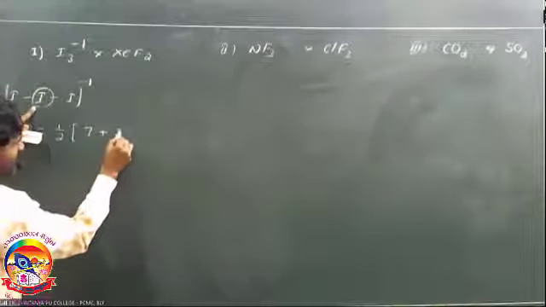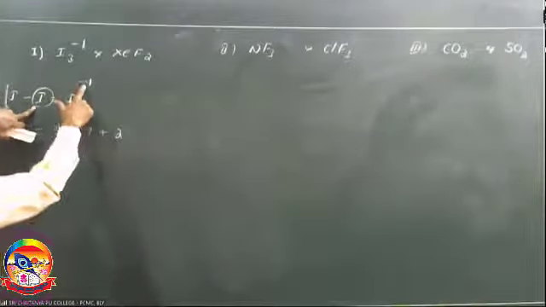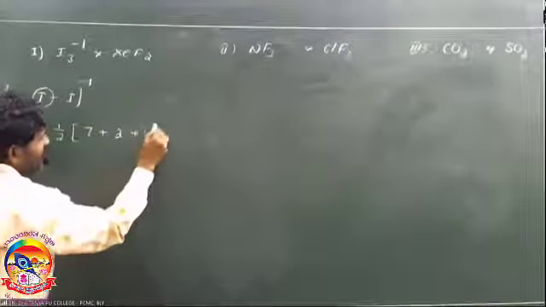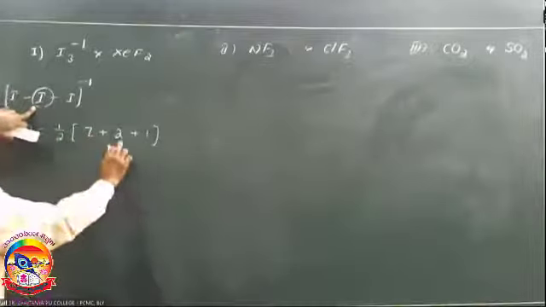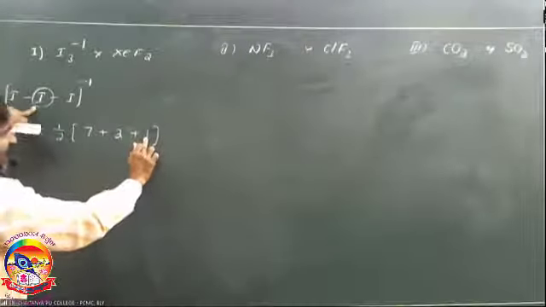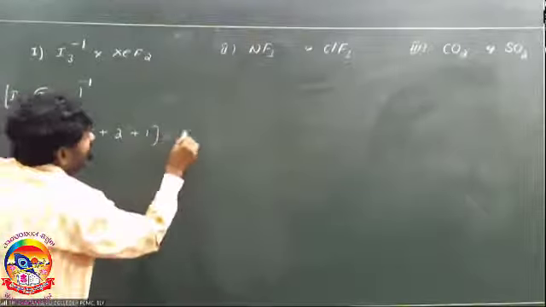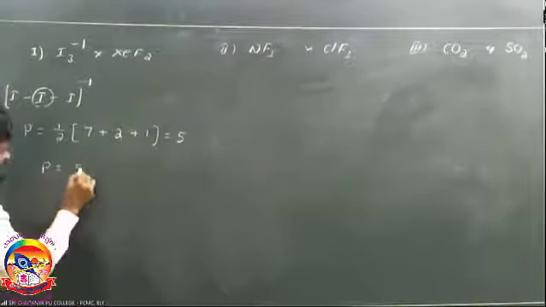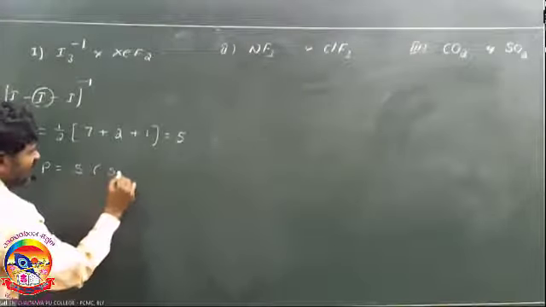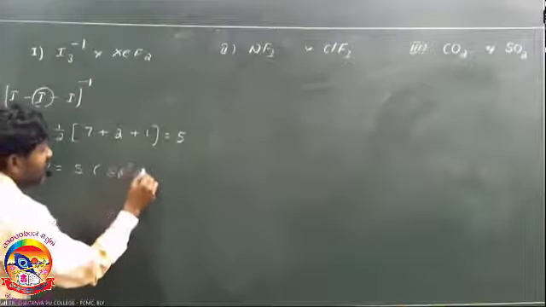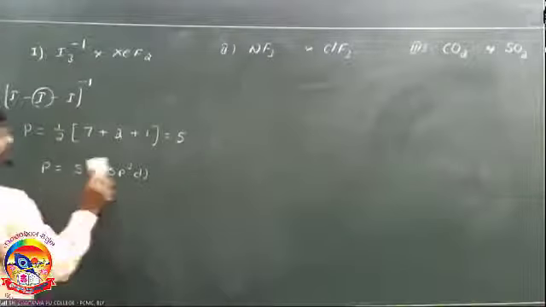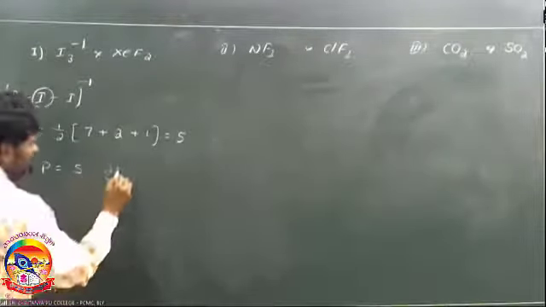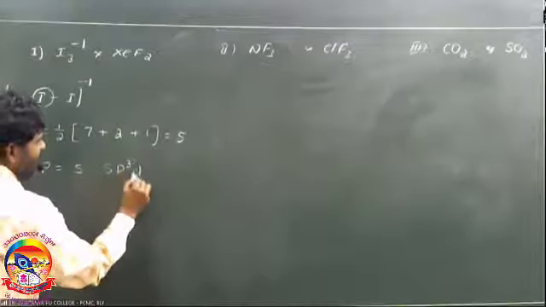So 7 plus 2, and the net charge is minus 1, meaning it is an anion, so add the anion charge, plus 1. 7 plus 2 is 9, 9 plus 1 is 10, 10 by 2 is 5. P value 5 means sp3d hybridization, using 1 s orbital, 3 p orbitals, and 1 d orbital.